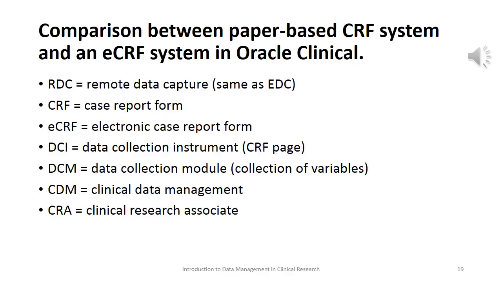And then data collection module is actually a collection of variables or fields that you would see on the CRF page. So it might be one field or it might be a couple different fields. But that's what data collection module refers to. Then, of course, CDM is clinical data management, and CRA is the clinical research associate.